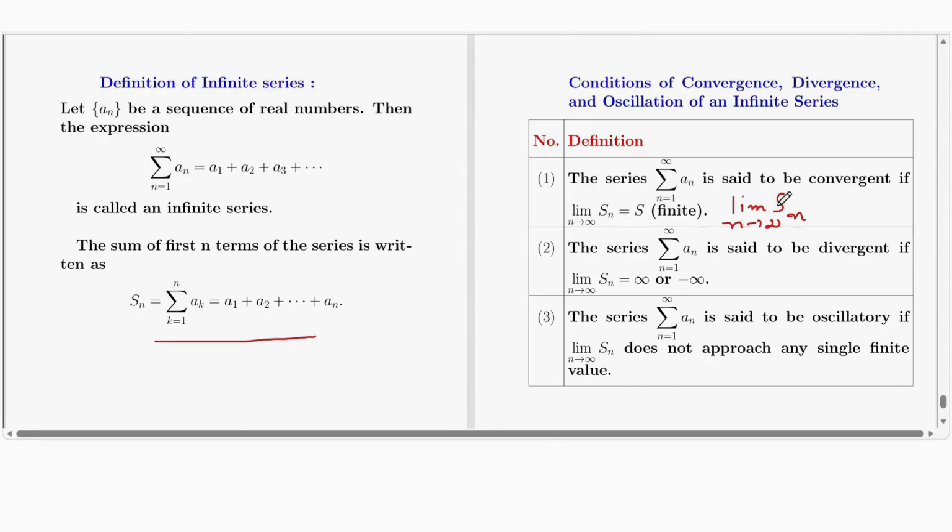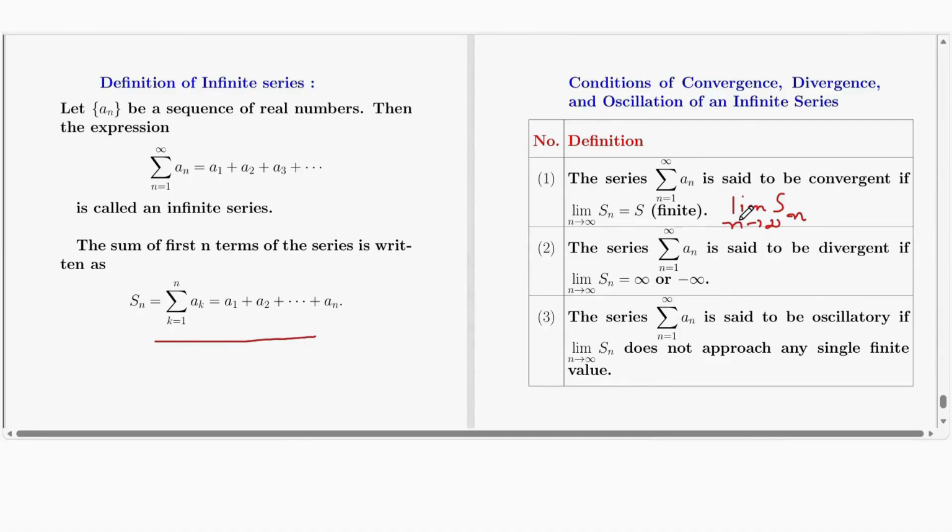So on that basis we can say if this value is equal to some finite number, then our series is a convergent series. The series an is said to be divergent if limit n tends to infinity Sn is equal to plus infinity or minus infinity. Okay. If this limiting value is either plus infinity or minus infinity, then the series is what?